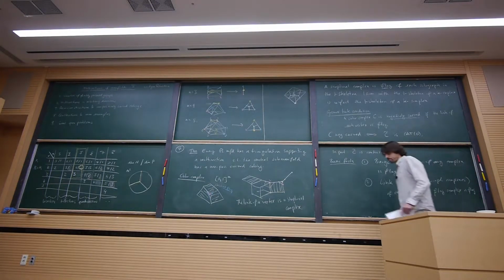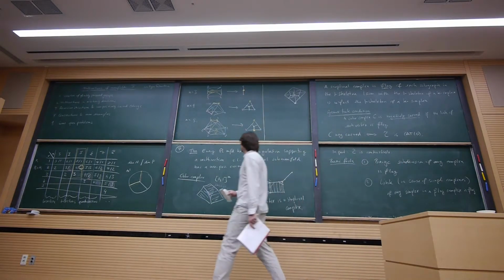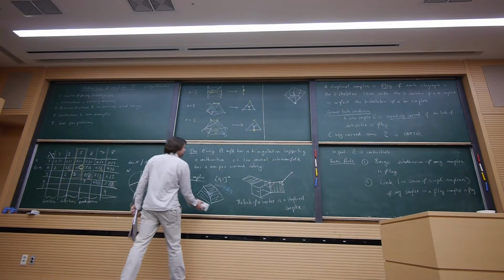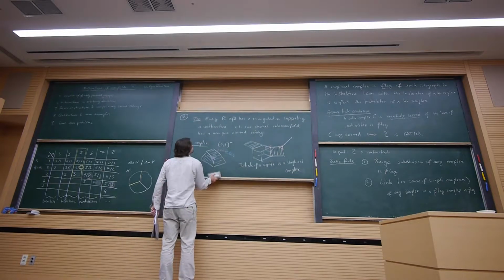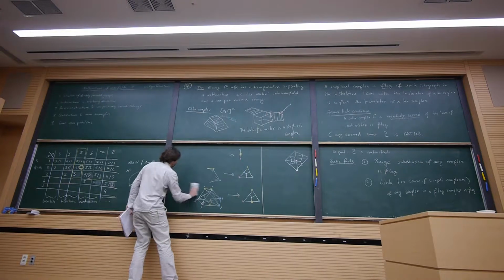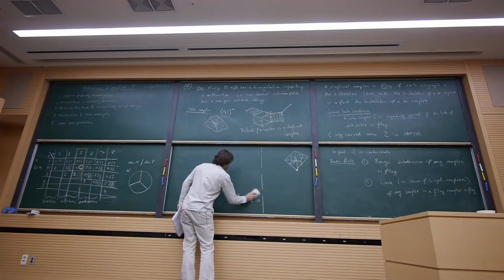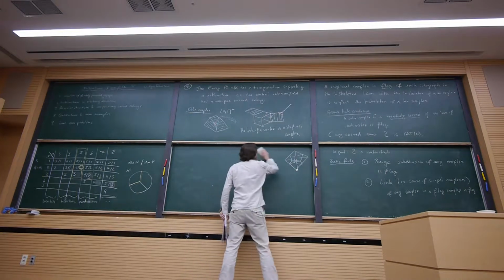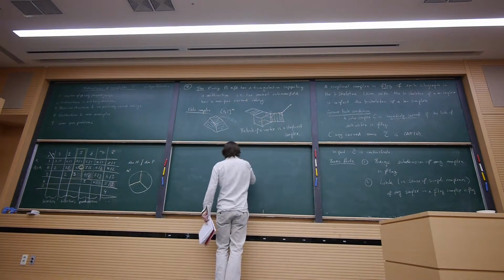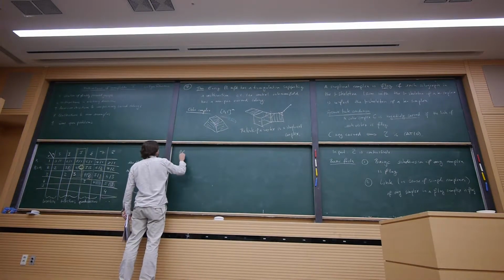Okay. So that's all I need to give you a wishy-washy proof of non-positively curved cubings. So let's sketch the proof of this theorem.